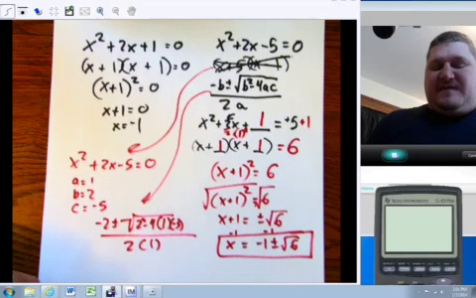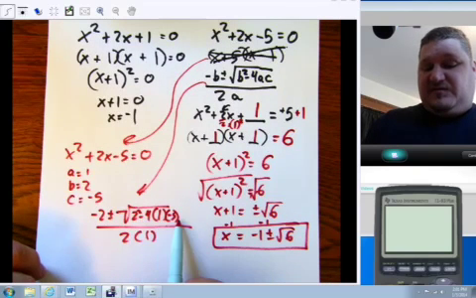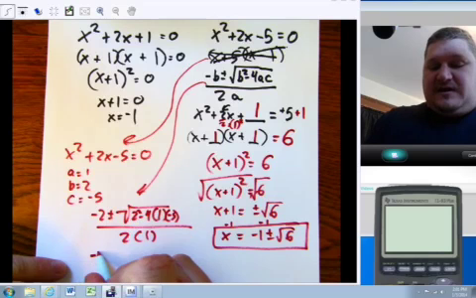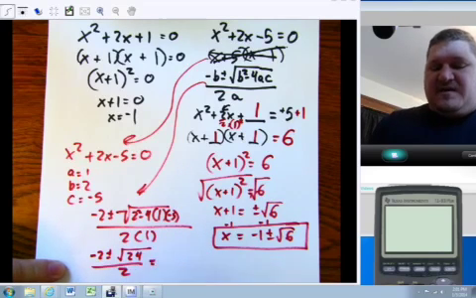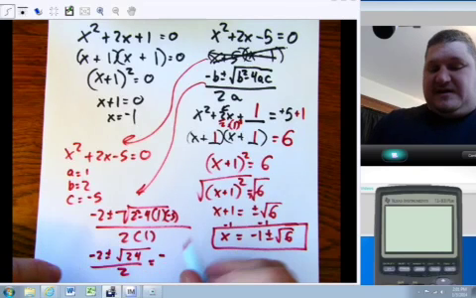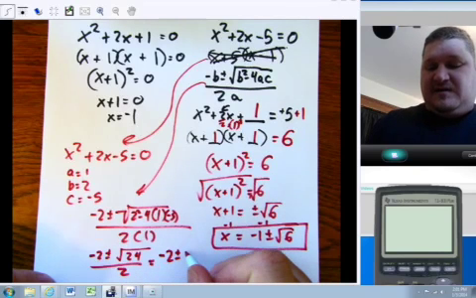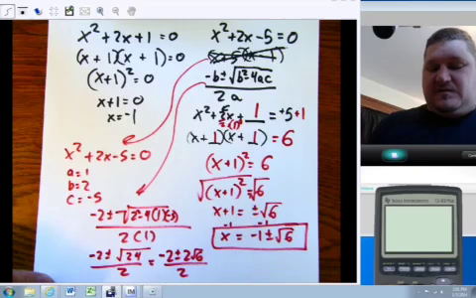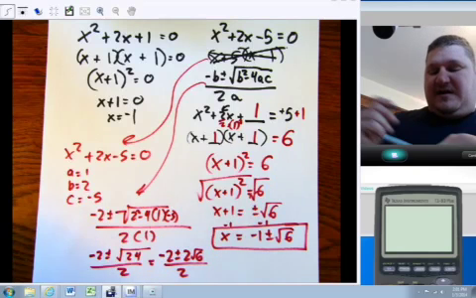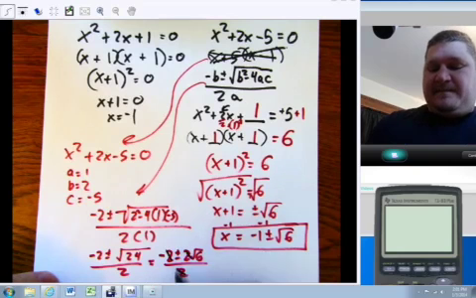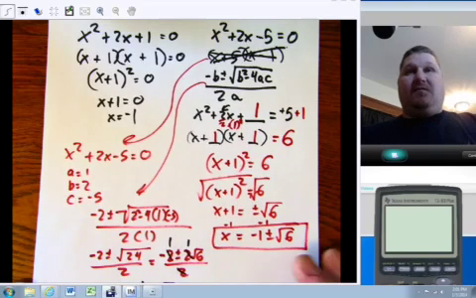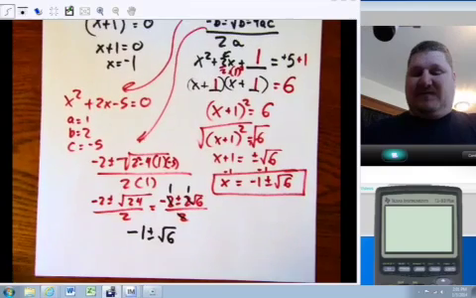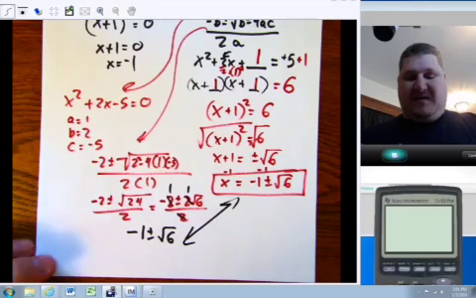Putting all of that together, I have -2 plus or minus the square root of 4 plus 20, which is 24, all over 2. If I factor this down, -2 plus or minus 2 root 6 all over 2. Factor out a 2, top and bottom, and I come up with -1 plus or minus root 6. That is completing the square. We end up with the exact same answer.